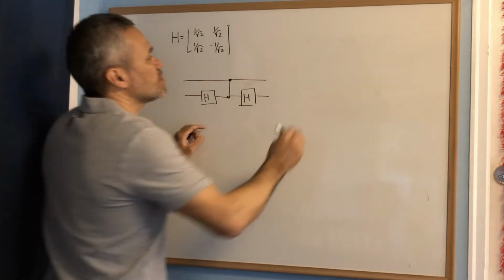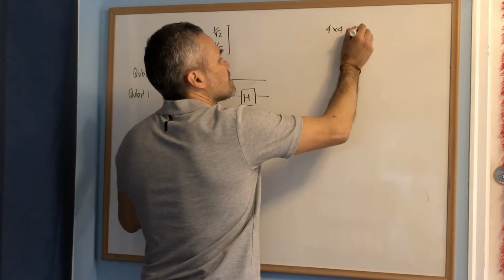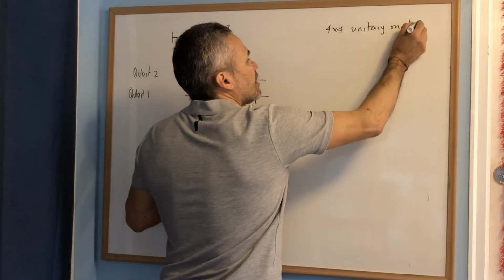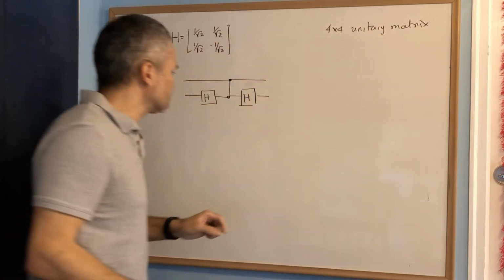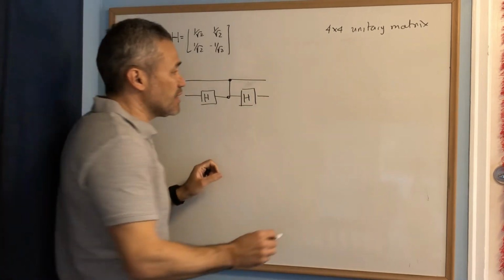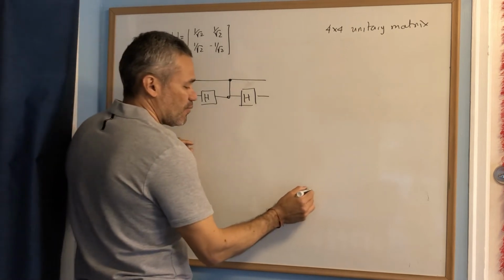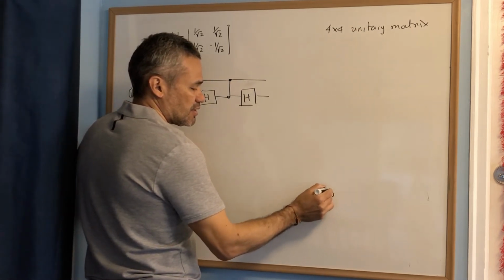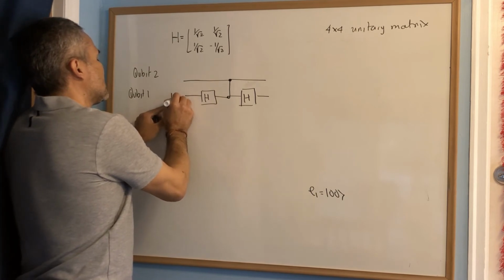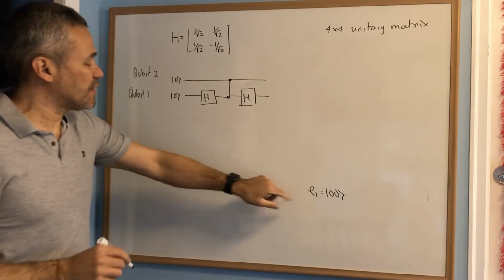And then we are supposed to describe a 4 by 4 unitary matrix. What 4 by 4 unitary matrix is this? Then we need to find out the action on E1. Remember, E1 is just this, which means we need to find out what is the action on this qubit.